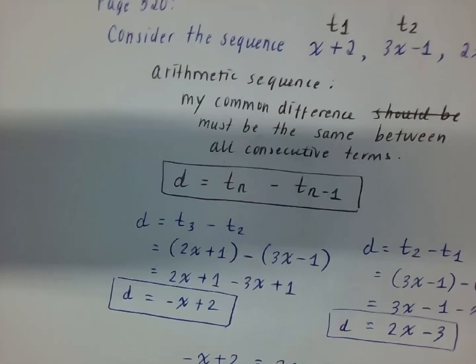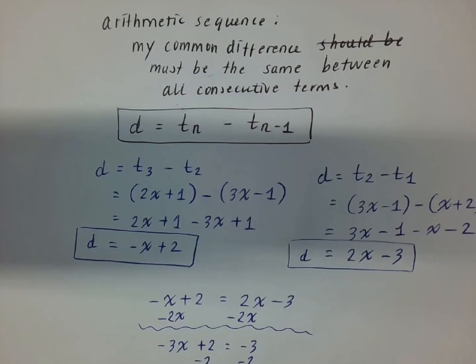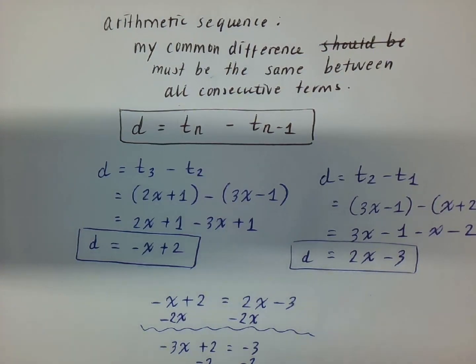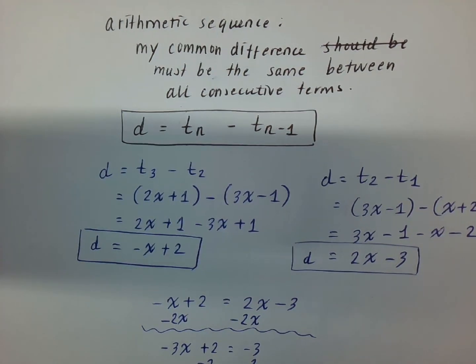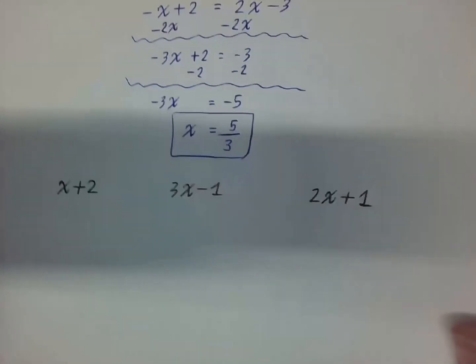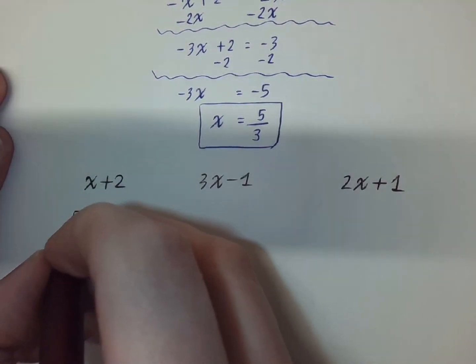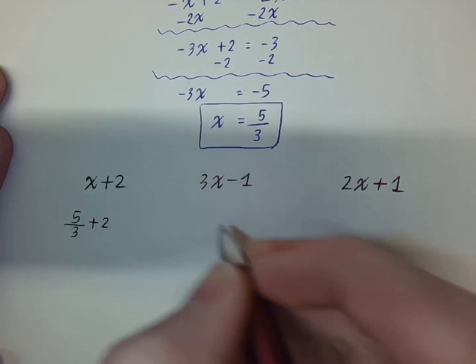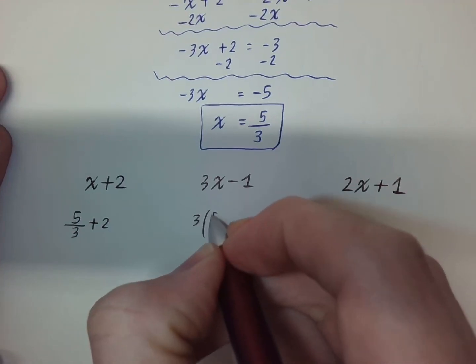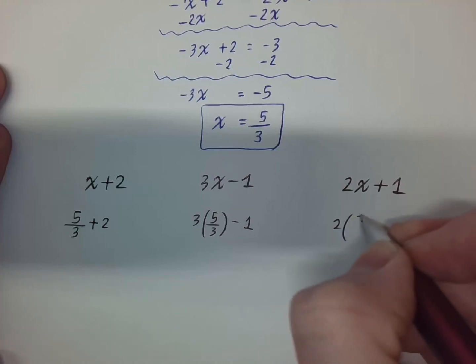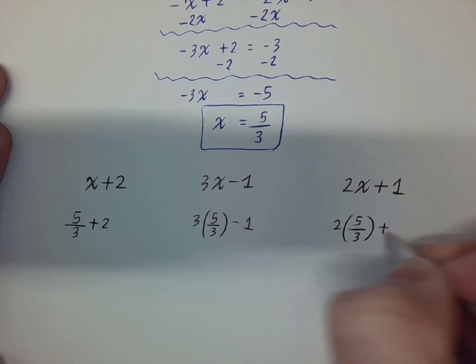Well, if my sequence is x plus 2, 3x minus 1, and 2x plus 1, I can figure out what those actually equal. 5 over 3 plus 2, 3 times 5 over 3 minus 1, 2 times 5 over 3 plus 1.